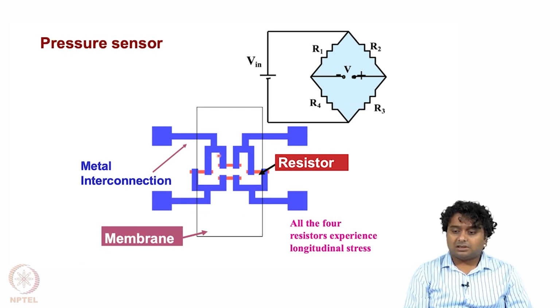All these resistors in the Wheatstone bridge are connected to some external pads from where the electrical contacts will be taken. These are metal contacts, made by sputtering or physical vapor deposition, which we have already discussed, and then the pressure sensor will be ready.